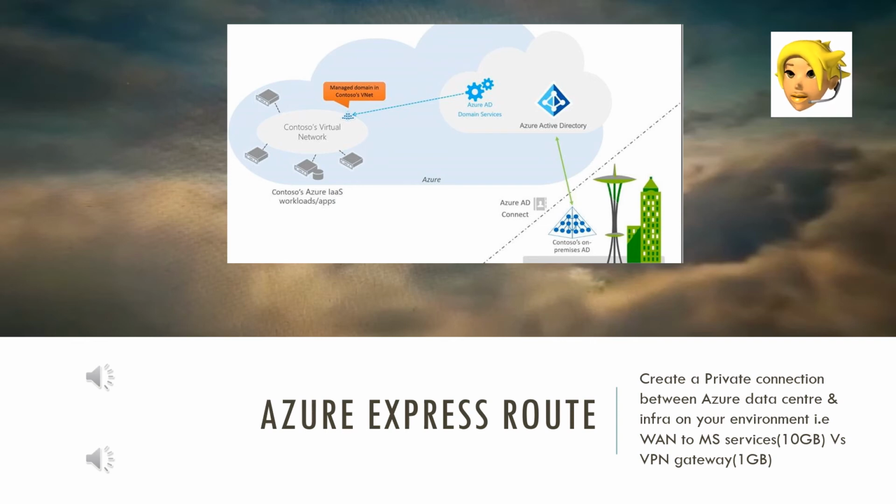What do you mean by Azure load balancer? Load balancing is distributing load across a group of backend resources or servers. Azure load balancer operates at layer four of the OSI model.